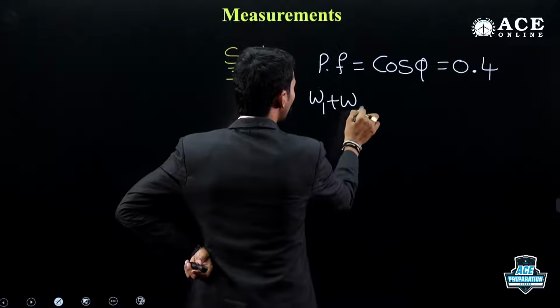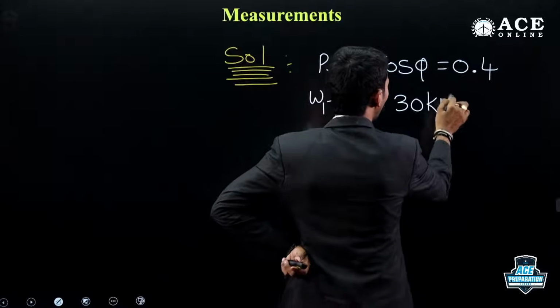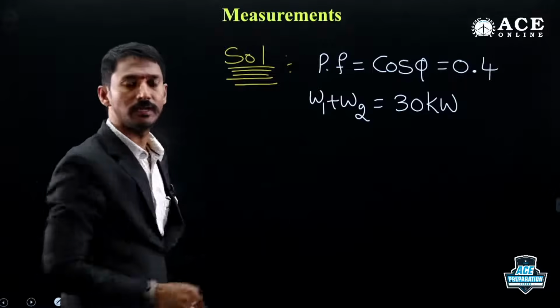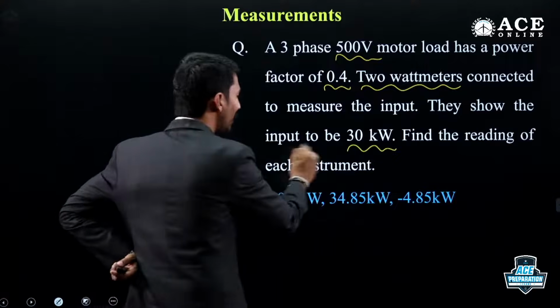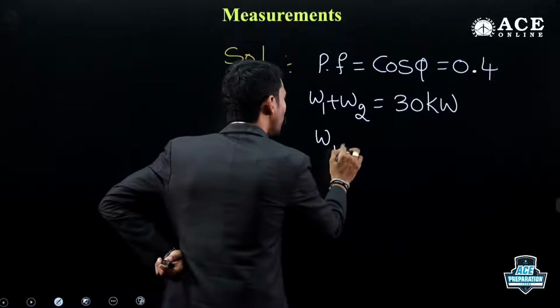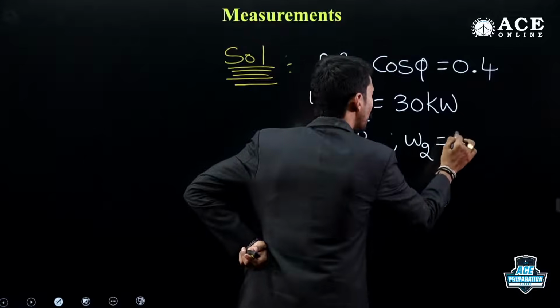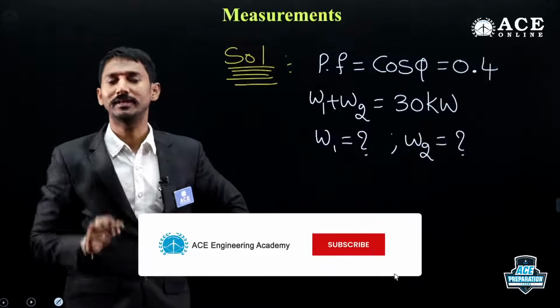W1 plus W2 is 30 kilowatt. Now the point is, find the reading of each instrument. Very important. He is asking W1 value as well as W2 value. If you understand the logical key point, it is simple mathematics only.